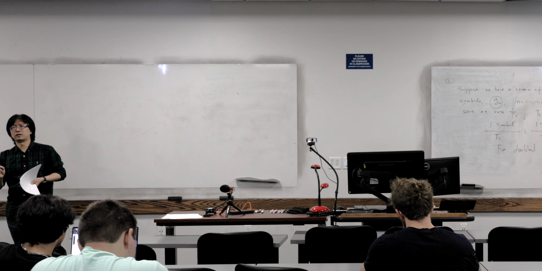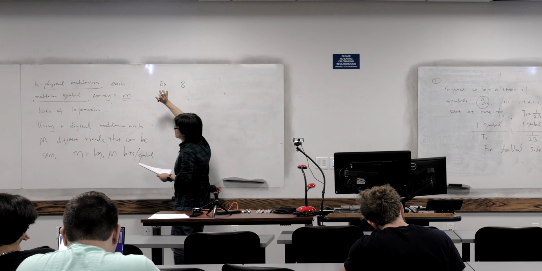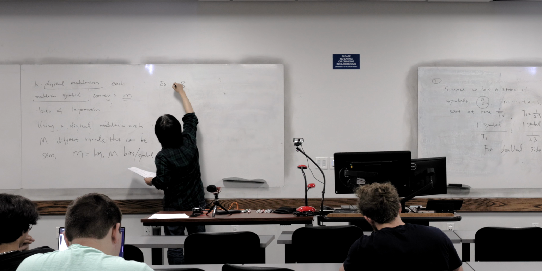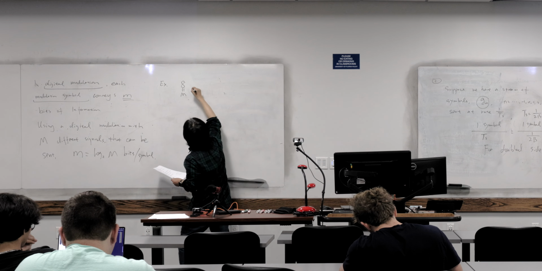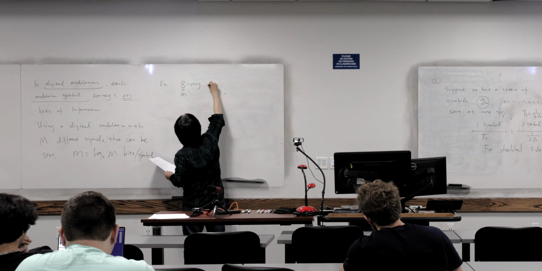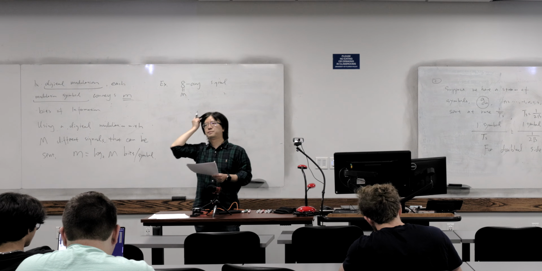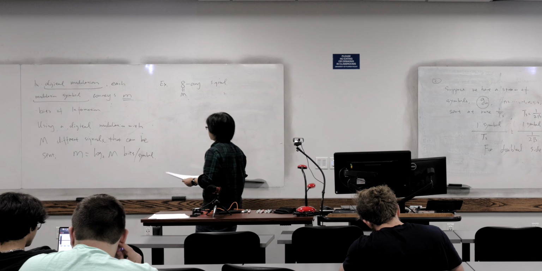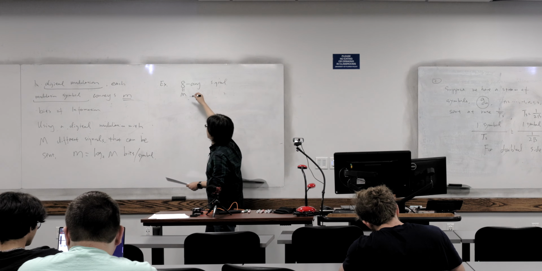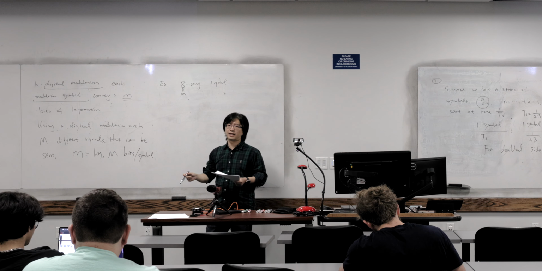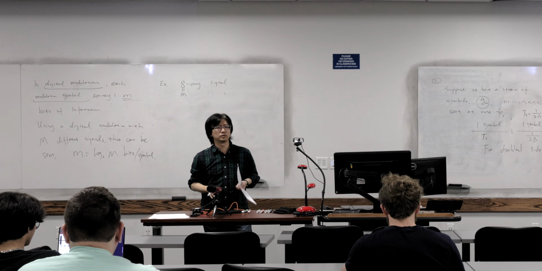Let's see whether it makes sense. Basically, a bit is a binary representation of the symbol. Let's consider one example where we can transmit 8 symbols in total, so M equals 8. We call that 8-ary signaling, which is not very common in practice, but it's good for illustration. M equals 8 means that in our system, we just transmit 8 symbols.